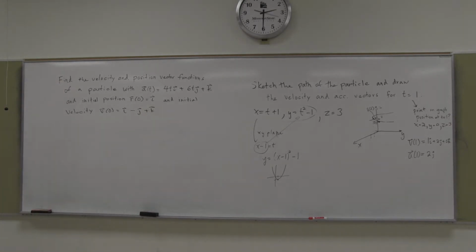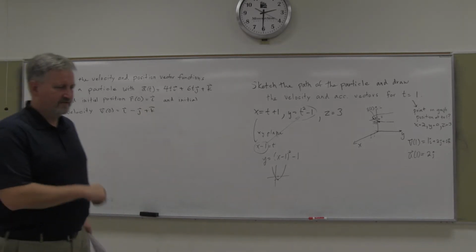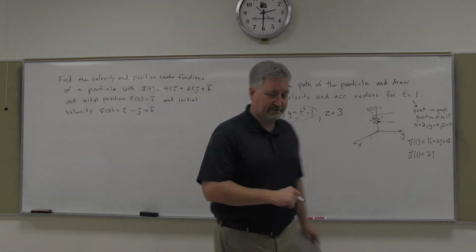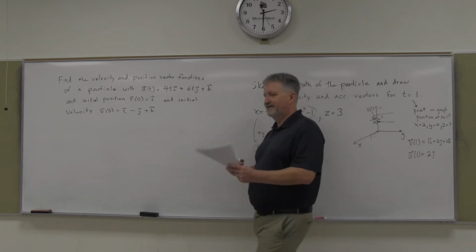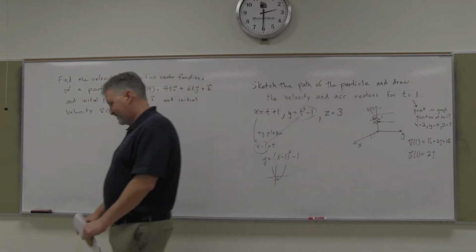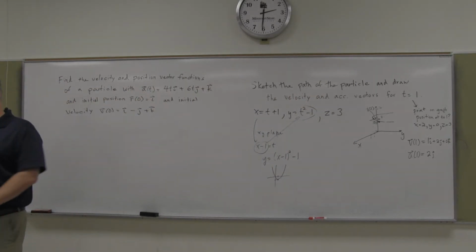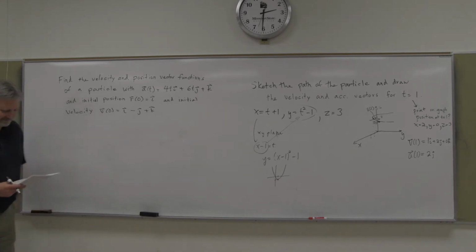So we've got the initial position in vector form, and the initial velocity in vector form. So let's see what that is.